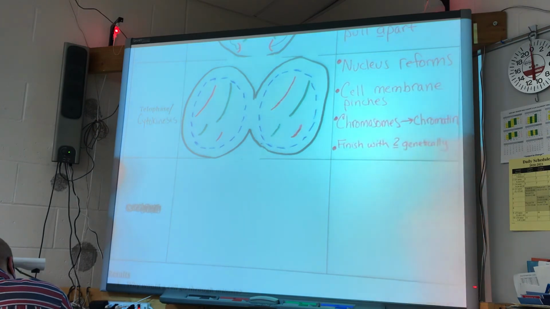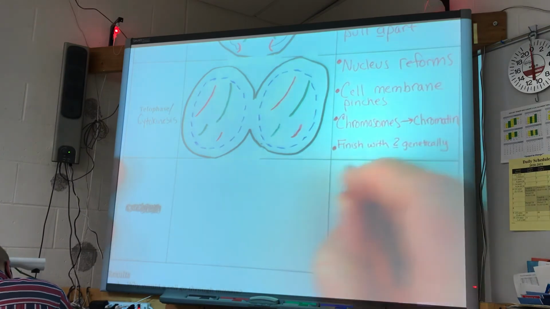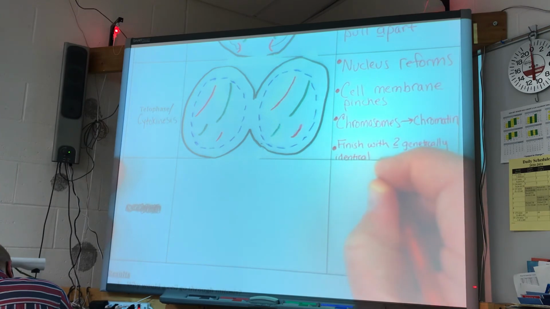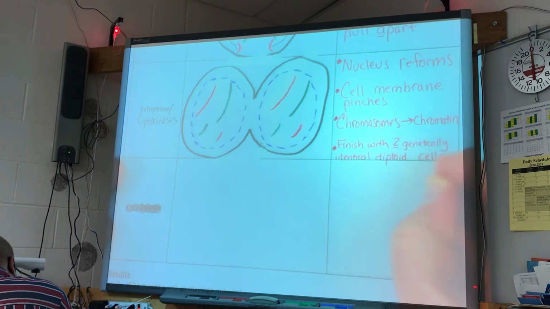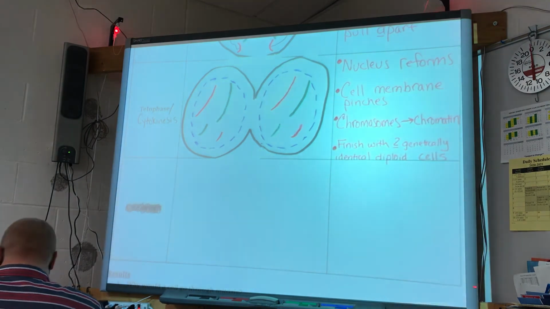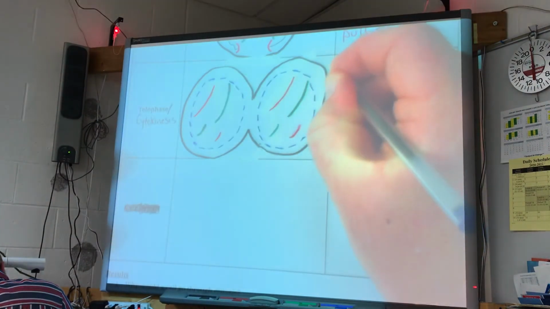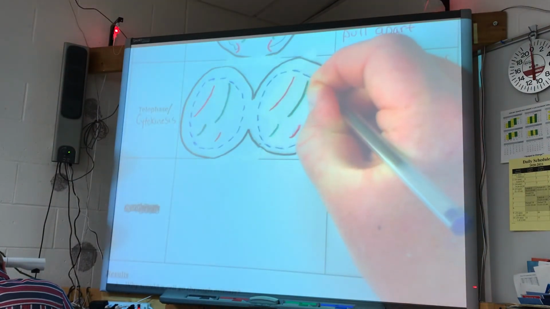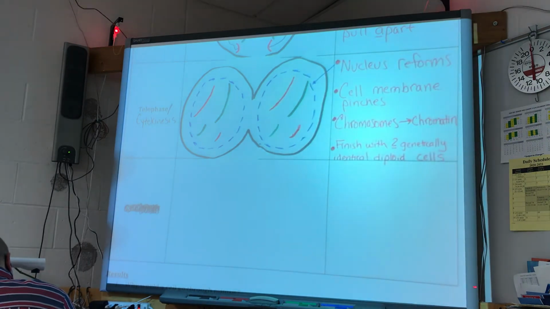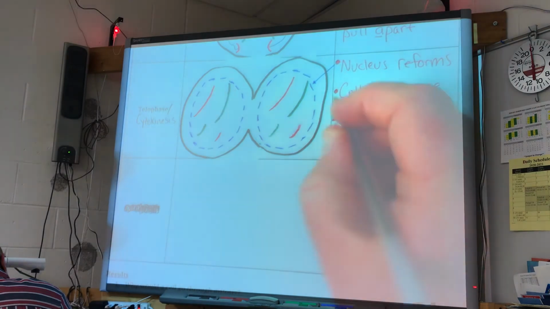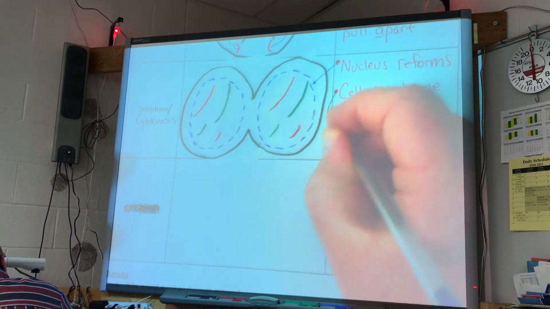When we're all done with cytokinesis, we will end up with two genetically identical diploid cells. We started with one diploid cell, which means it had a complete set of copies of genetic information. The diploid number of this cell was 4. Each of these two cells now still has 4 chromatids. Its diploid number is still 4. So we finish up with 2 genetically identical cells.